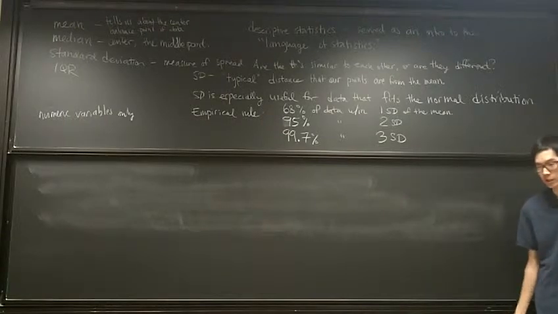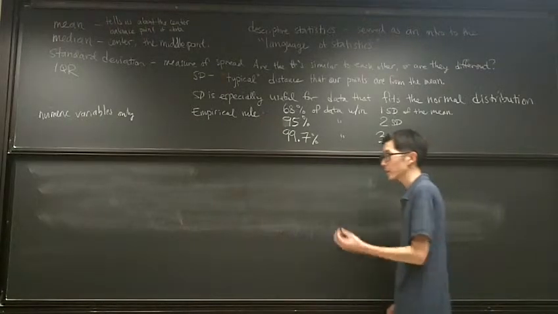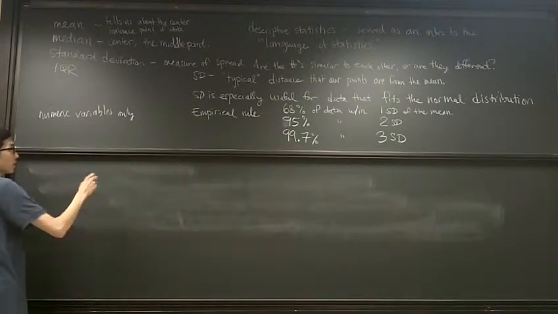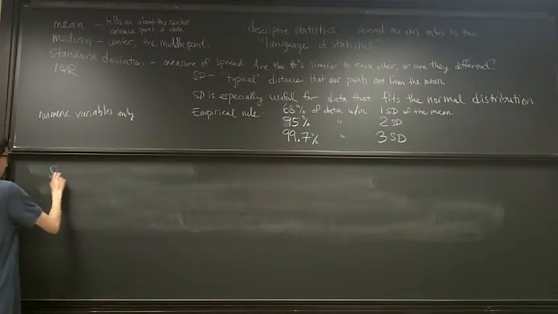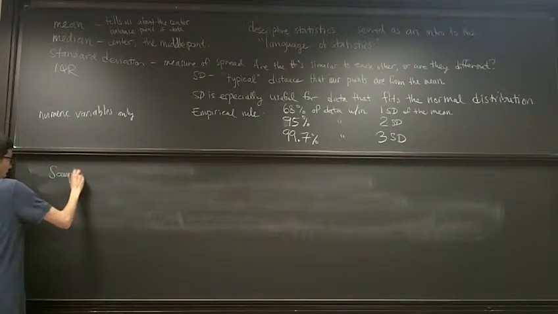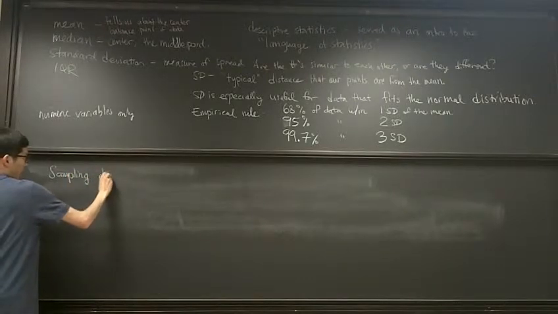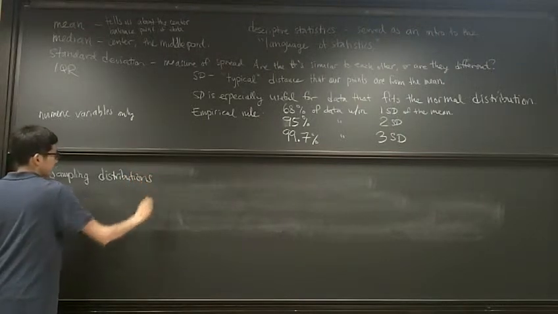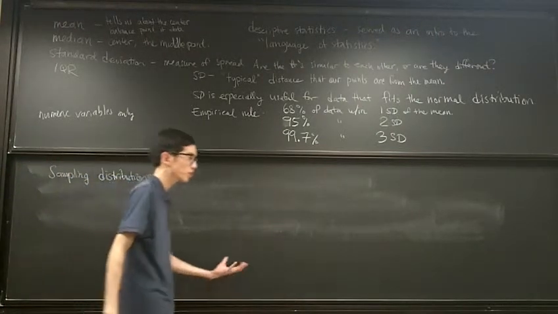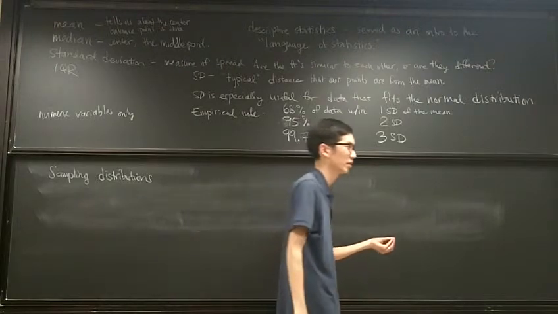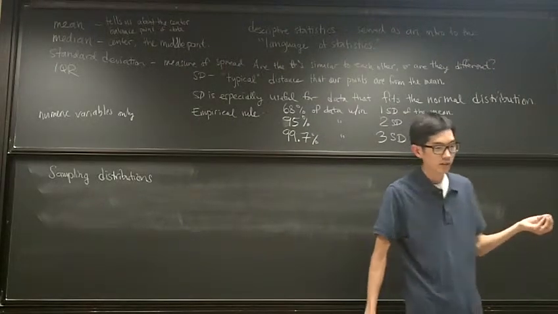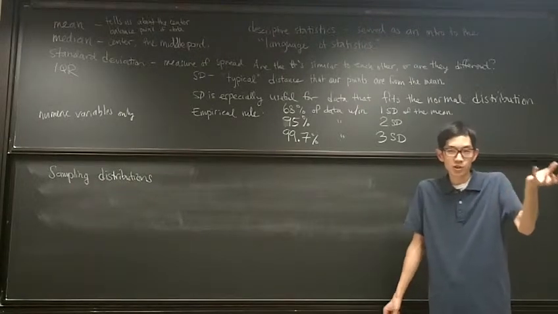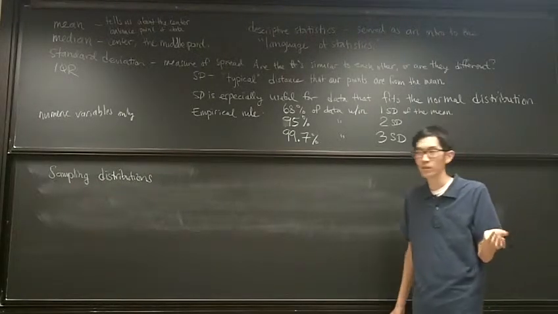But after studying those things, we were able to understand sampling distributions, okay? And sampling distributions allowed us to see, whenever we take a random sample, what this sample should look like, okay?